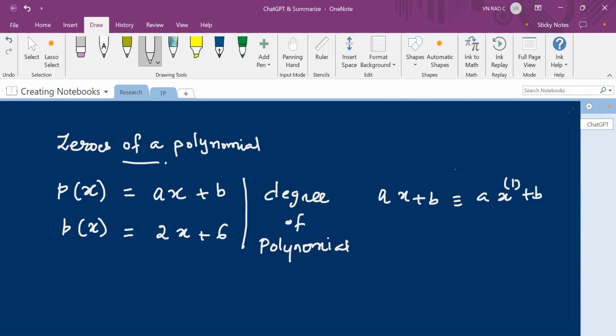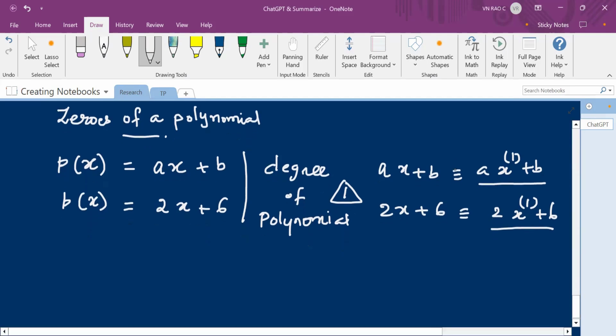So what is the highest power of the variable in this expression? 1. Similarly, 2x plus 6 is 2 into x power 1 plus 6. So the degree of the polynomial is 1, the highest power of the variable.